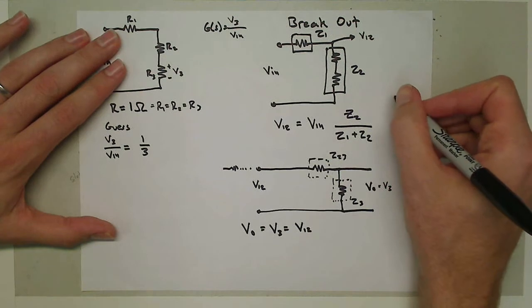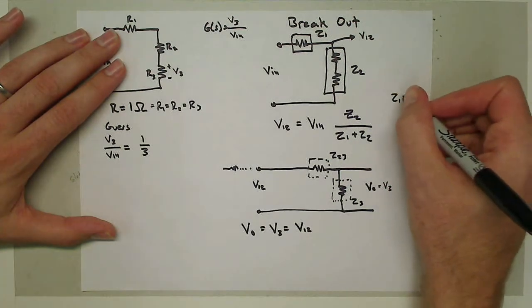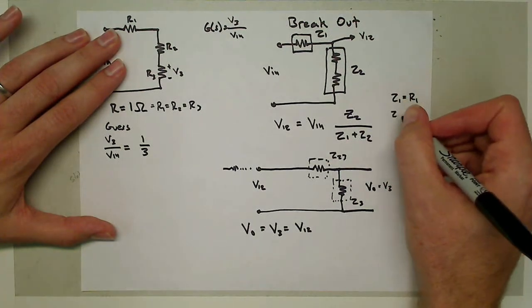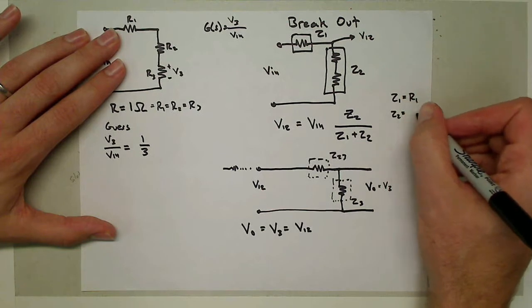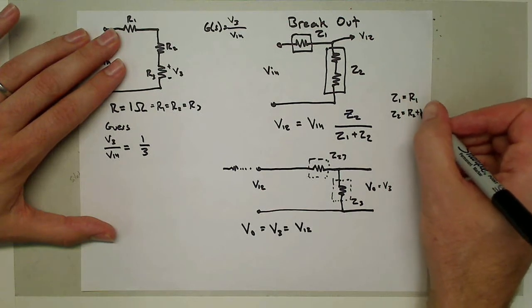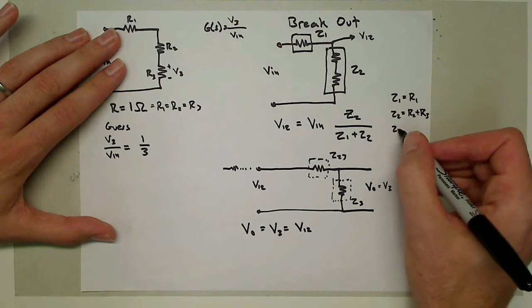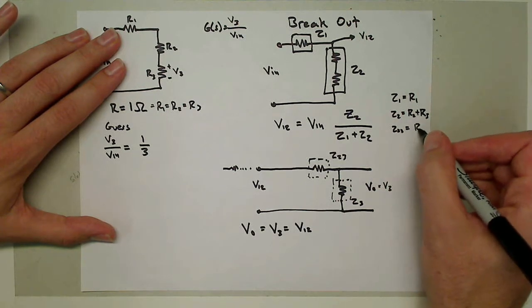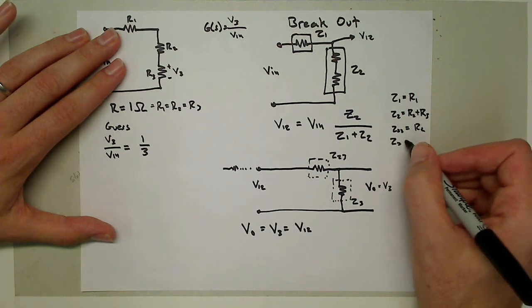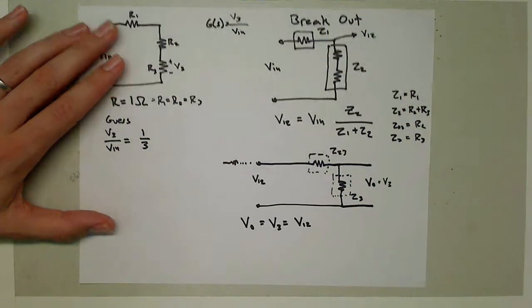So I know that Z1 is equal to R1, and Z2 is actually equal to R2 plus R3. Z23 is actually equal to R2, and Z3 is equal to R3.